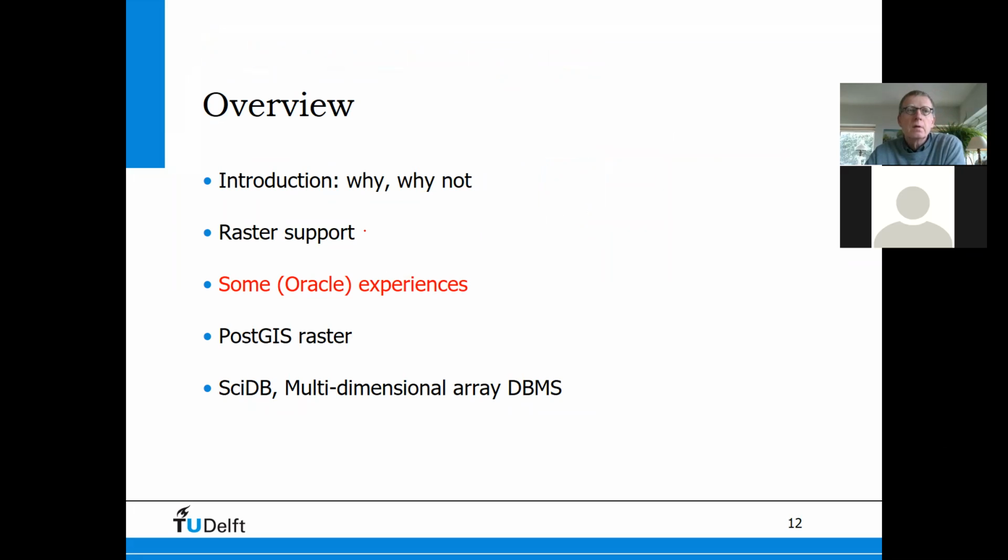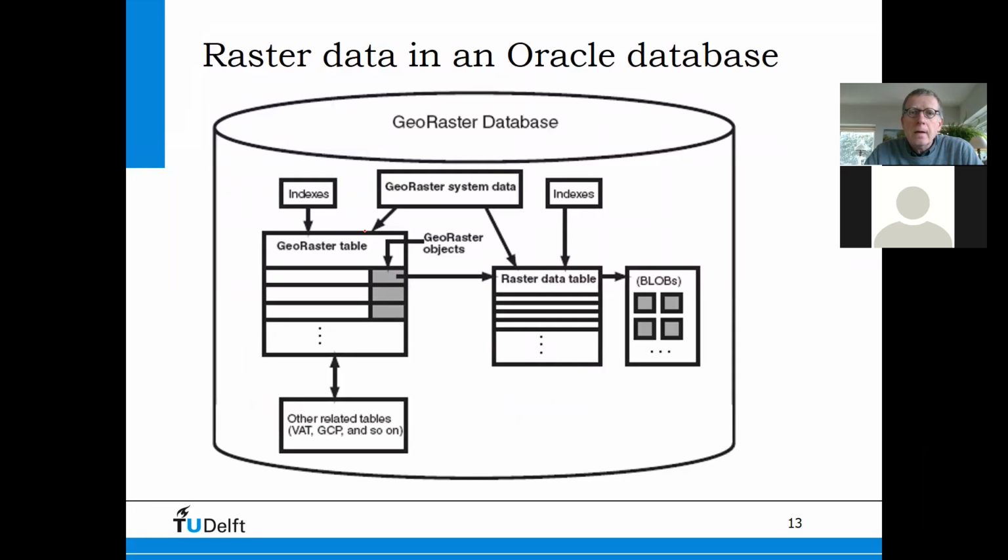Okay, now we have a look at the first system, and that is Oracle. It's called the GeoRaster solution. Basically, in this GeoRaster solution, there are 2 main types of data.